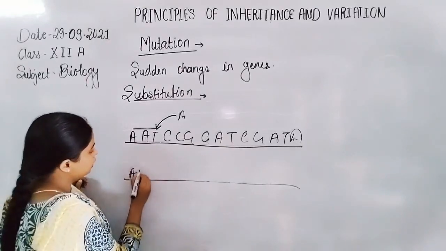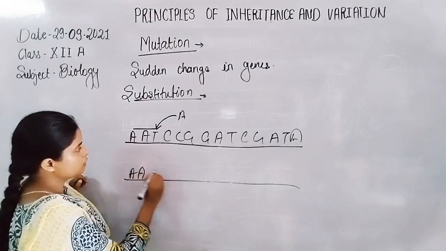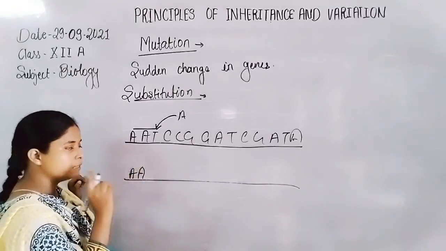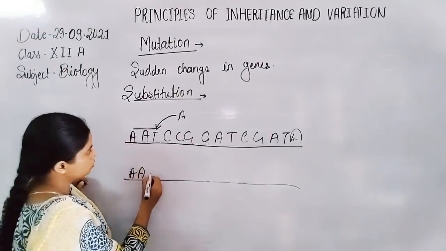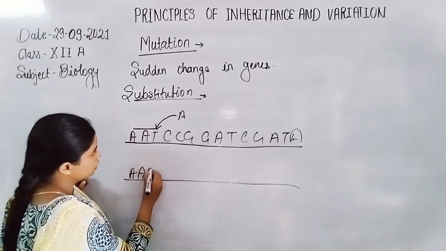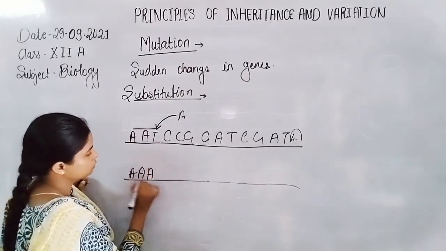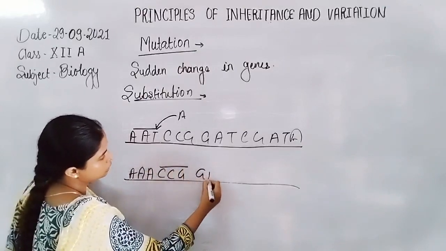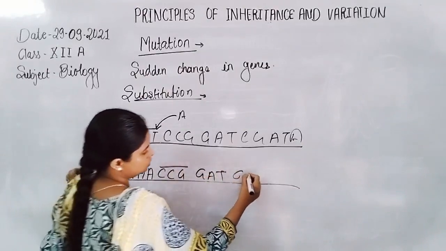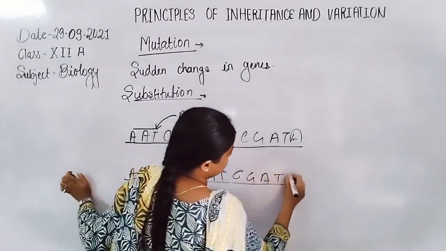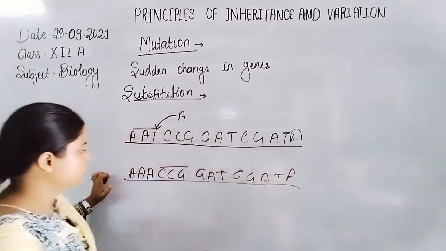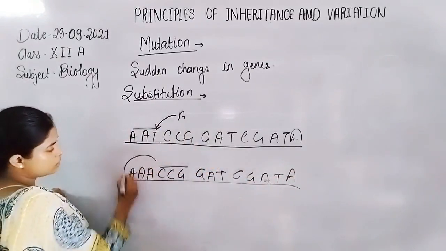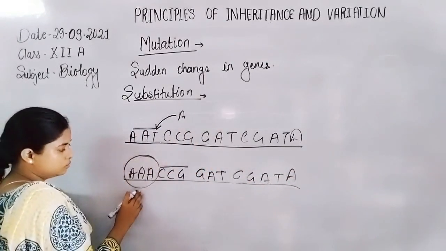So the sequence of triplet codons remains as such, except for a single amino acid. So here is A, G, for example A, C, C, G. Other sequences are similar as such. Now in this sequencing, this amino acid will change.